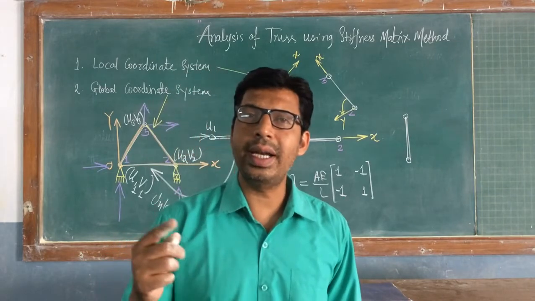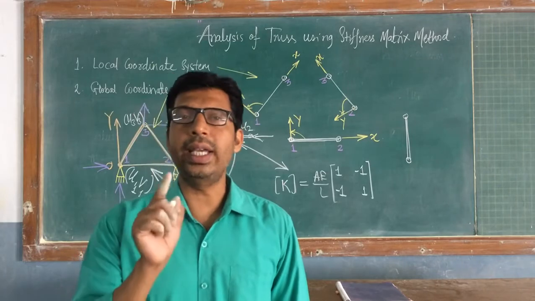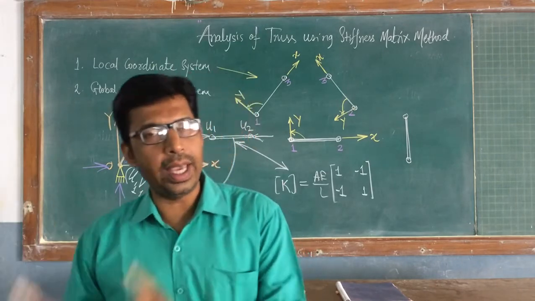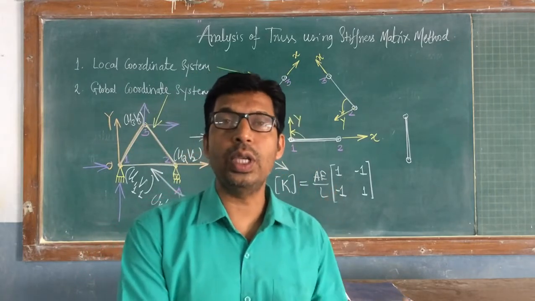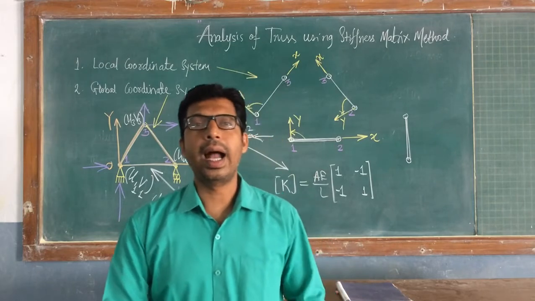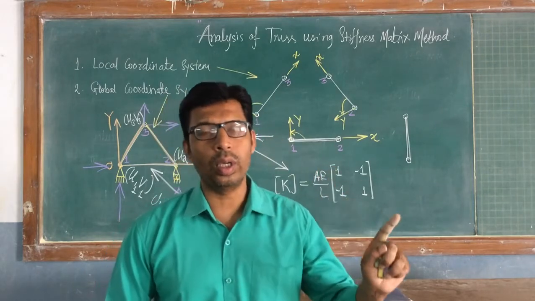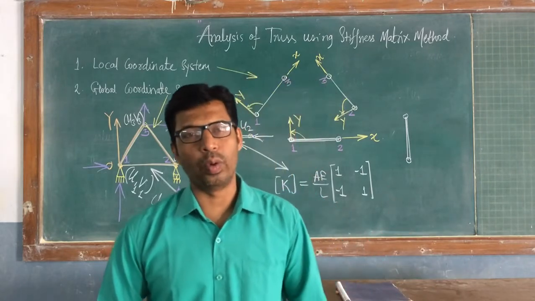So in the local coordinate system, the truss member becomes the bar member. So at each node there is only one unknown, that is axial displacement. But when the same bar is used in the truss, and you are solving that problem using the global coordinate system, at each node there are 2 unknowns, so total unknowns become 4. The size of the stiffness matrix of the truss member becomes 4 by 4.